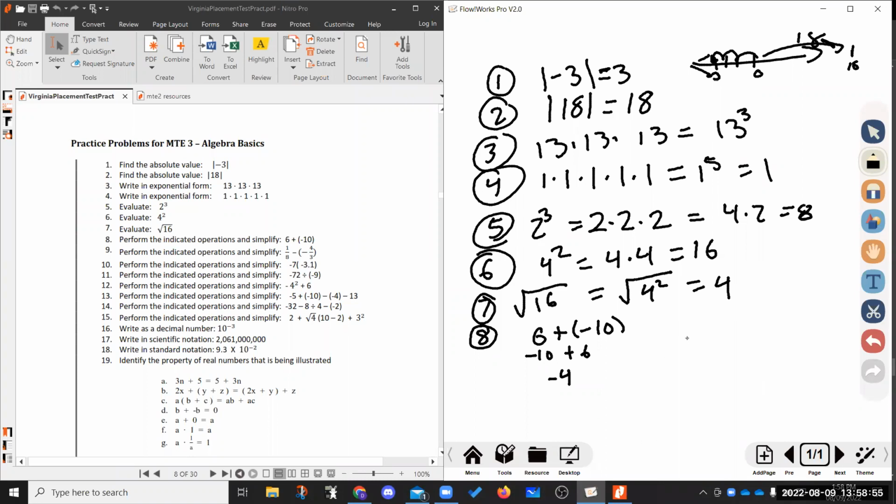The answer is -4. If I draw that on a number line, I'm going to start at -10, and I'm going to move 6 to the right. And I'm going to get to -4. It's -9, -8, -7, -6, -5, -4. 0 is over here.